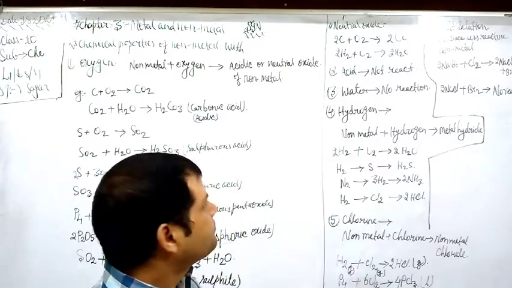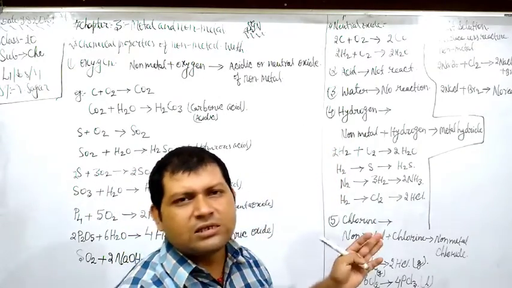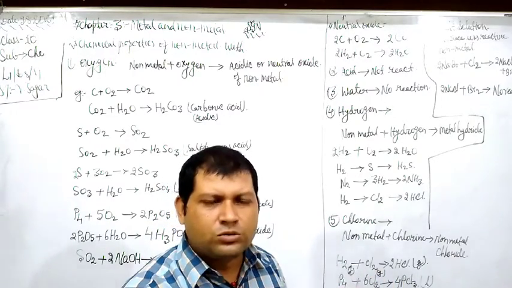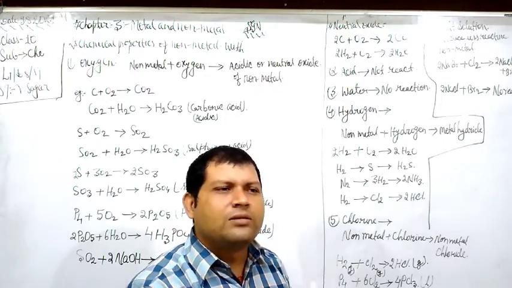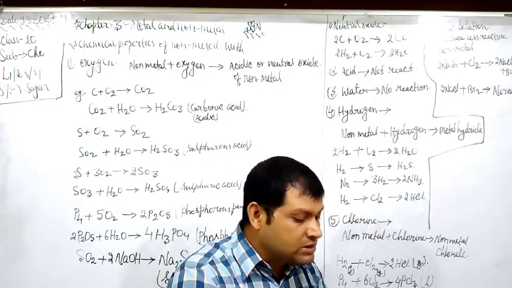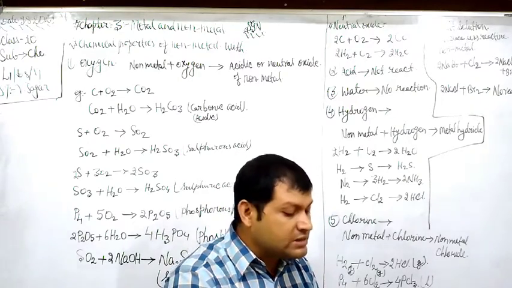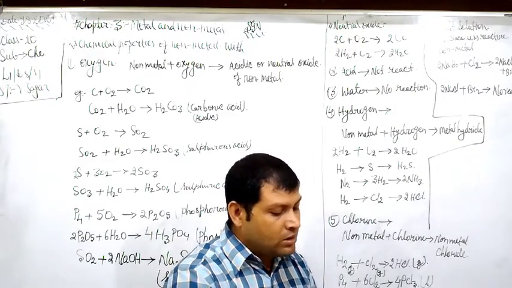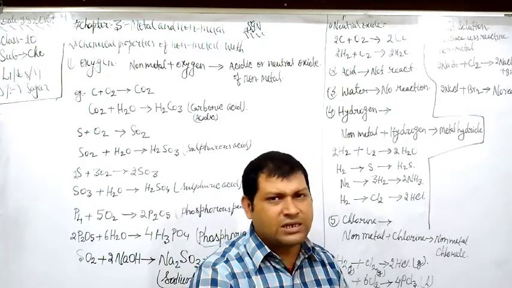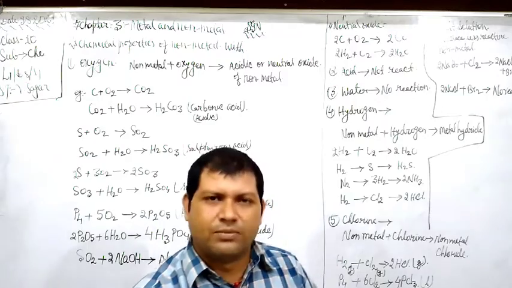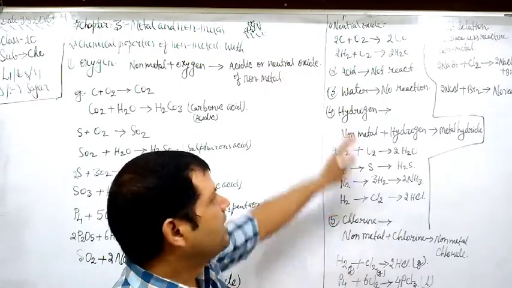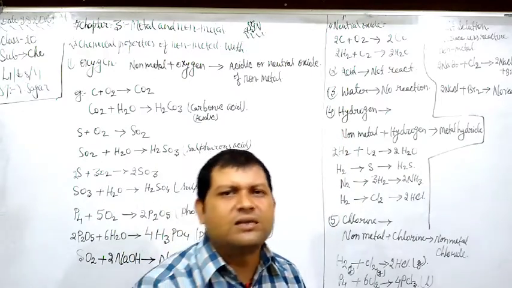That's why nonmetals don't react with acids. Understood? Generally, when metals react with acids, the formation of hydrogen gas takes place. But hydrogen gas doesn't form when acids react with nonmetals.